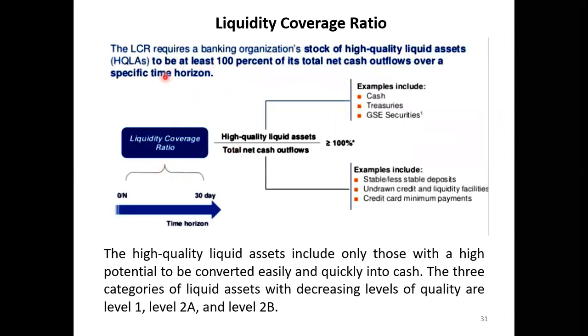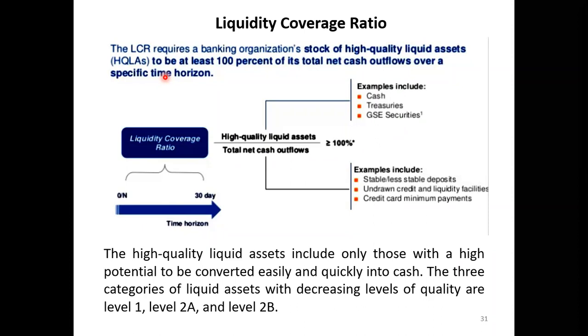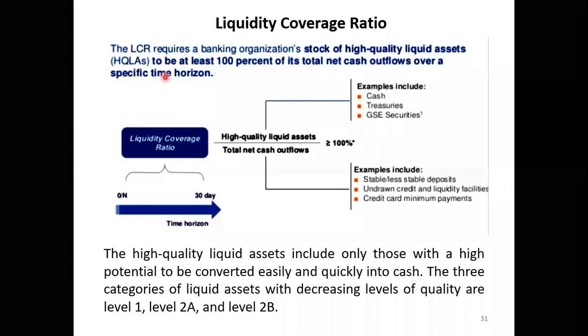So the LCR, the liquidity coverage ratio, requires banking organizations to hold stocks of high quality liquid assets that the banks or financial institutions can convert into cash very quickly. There are some assets, say gold coins or checks, that can very easily and quickly be converted into cash.